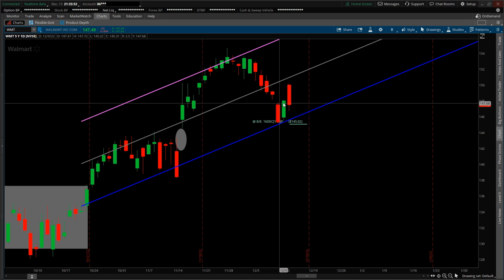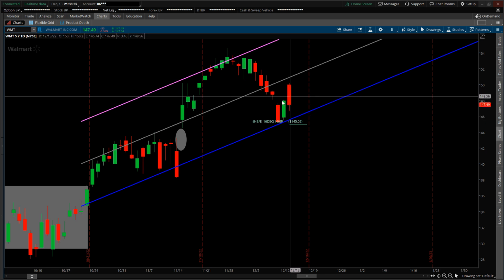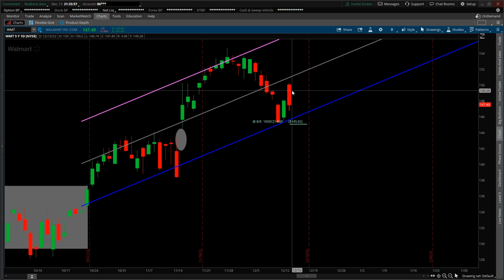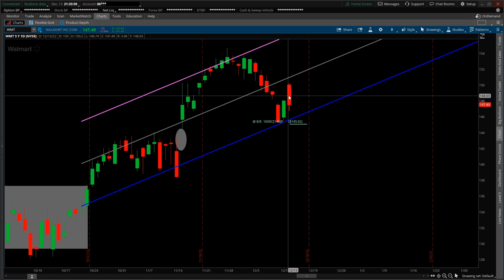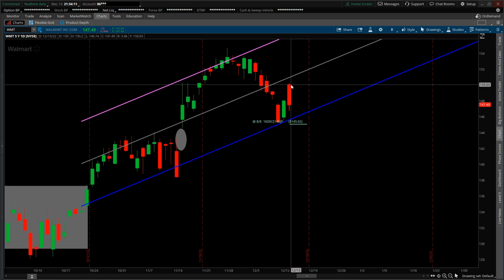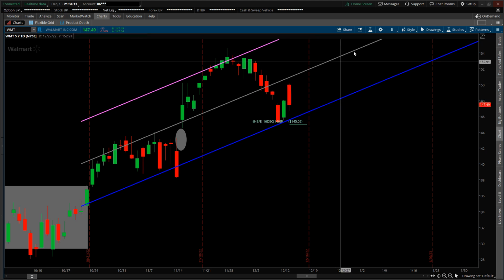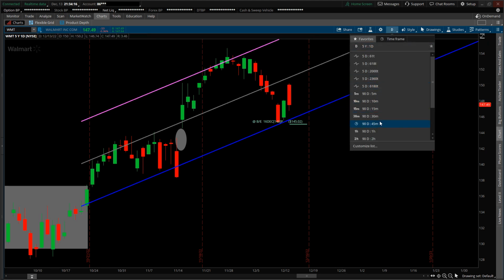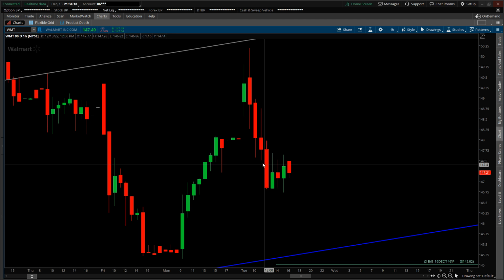Because this candlestick, from my perspective, is an anomaly due to today's CPI numbers. But even though price ran up pre-market, during the trading day, Walmart continued heading down. So if I switch over to the 1 hour time frame, right?